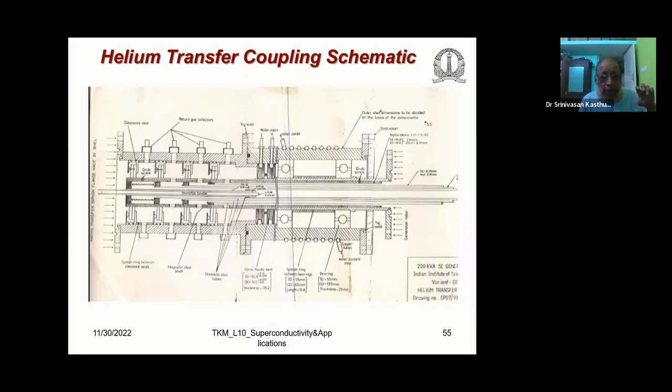So the liquid helium has to go from the static environment to the rotating environment, and then vapor helium has to come back in the same path from the rotating machinery back to the stationary environment. In between, you require a device which converts from the stationary environment to the rotating environment and vice versa. Such a device is called the helium transfer coupling, which was developed at IISc.